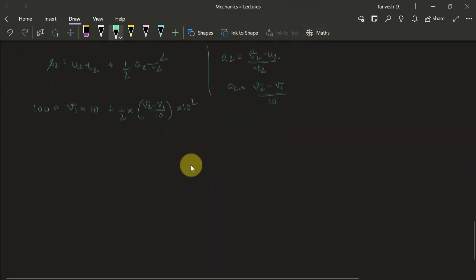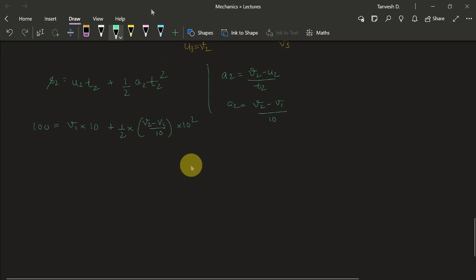So you will get this as 100 is equal to 10 V1, and then this 10 will get cancelled. So plus, and this will be 5, right?